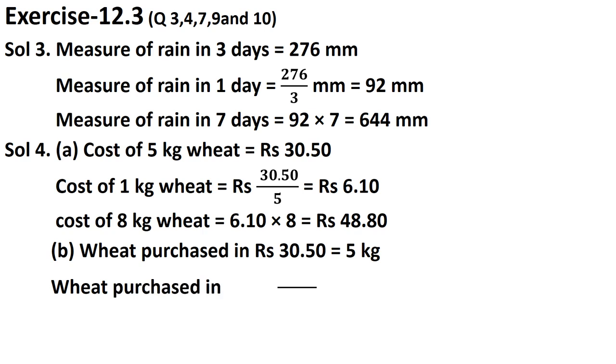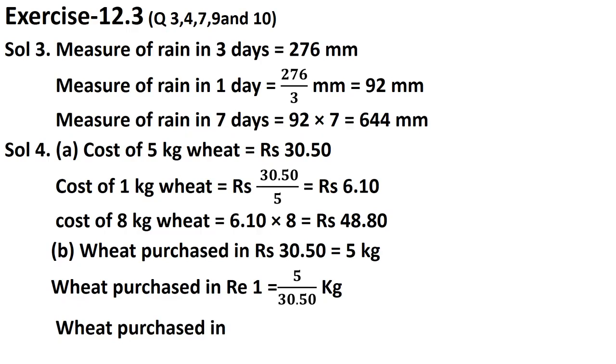Wheat purchased in rupee 1: procedure will remain the same. It is 5 upon 30.50 kg. And wheat purchased for rupees 61 is 5 upon 30.50 multiplied by 61, which is equal to 10 kg.